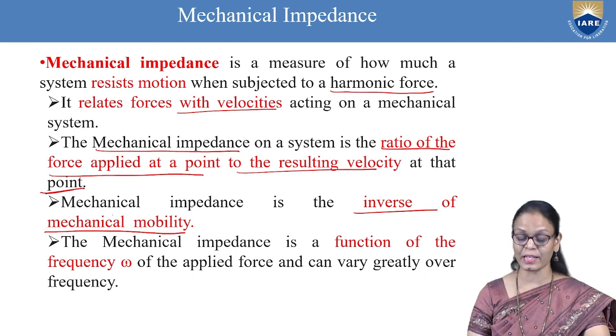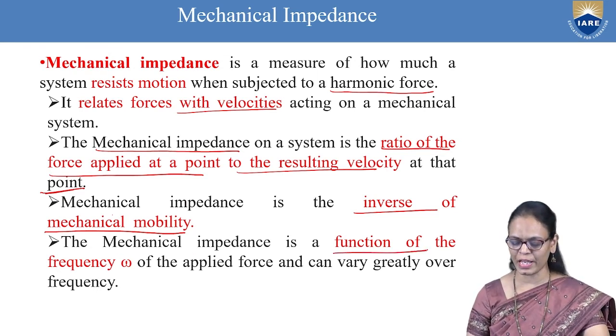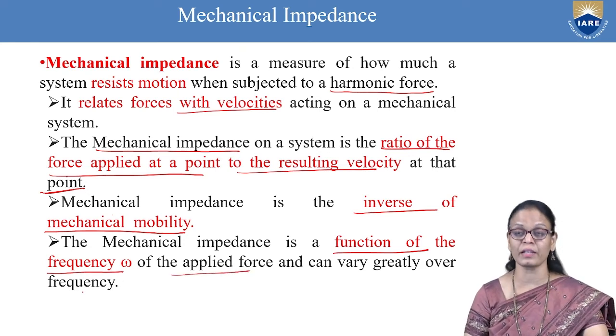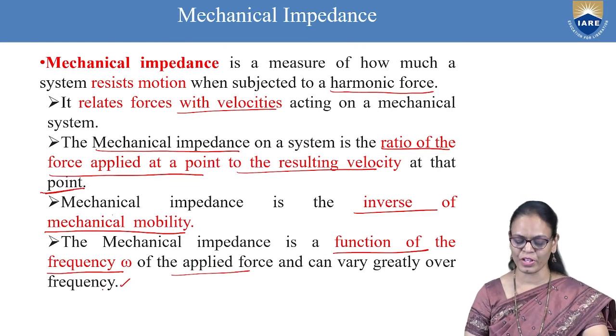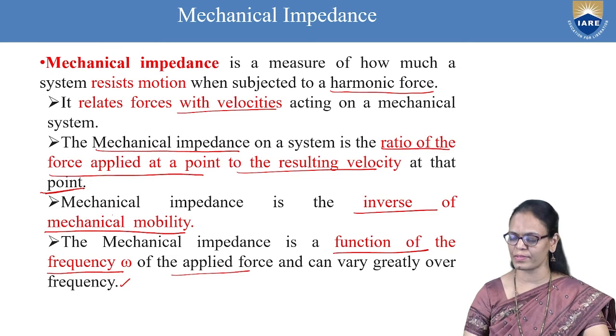Impedance is the resistance; mobility is what keeps it in motion. So they are inversely proportional. The mechanical impedance is a function of the frequency omega of the applied force and can vary greatly over frequency. That means if the frequency varies, the mechanical impedance also varies.